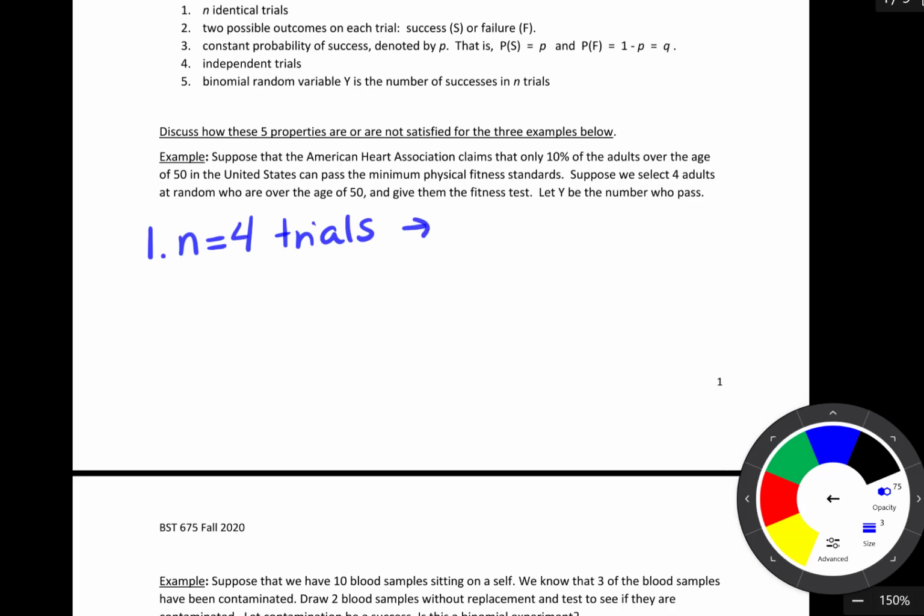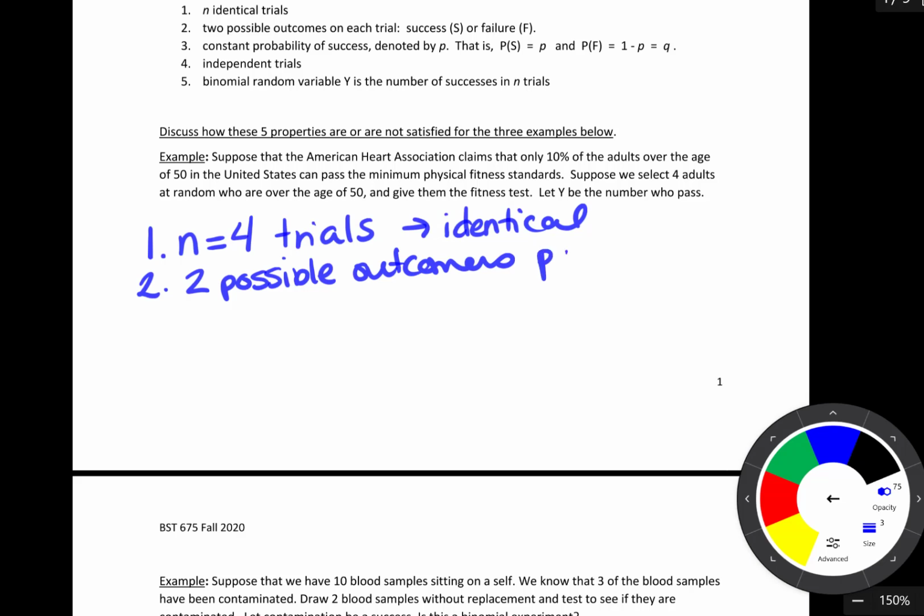And notice for each person, there's a 10% chance that they are going to pass the fitness test. So in this case, each of the 4 trials are identical. We need each of them to have 2 possible outcomes. And notice in this case, there are 2 possible outcomes.